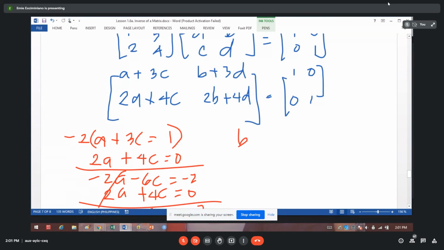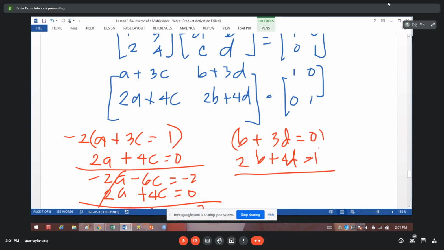And then we proceed to this entry in our product. B plus 3D equals 0. 2B plus 4D equals 1.